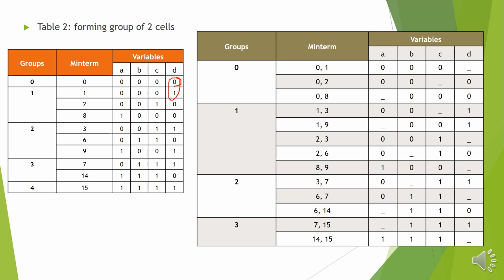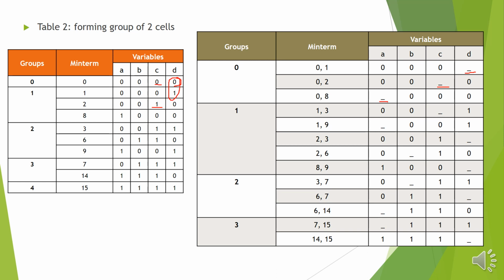Similarly 0, 2. In this cell and this cell only one variable changes, so that will be replaced by a dash here. Similarly, wherever you get logical adjacency, you replace it with a dash. That's the rule of the QM method. Then 0, 8: you just look here, only one variable changes.